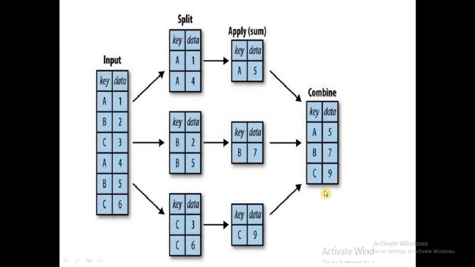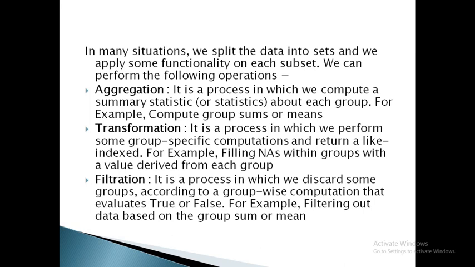So the GROUPBY function performs this operation, and in many situations we split the data into sets and apply some functionality on each subset. What all operations can we perform? First is aggregation.